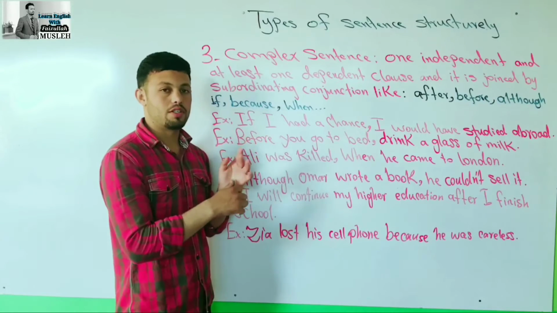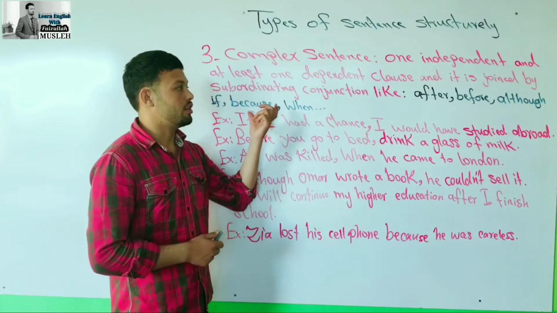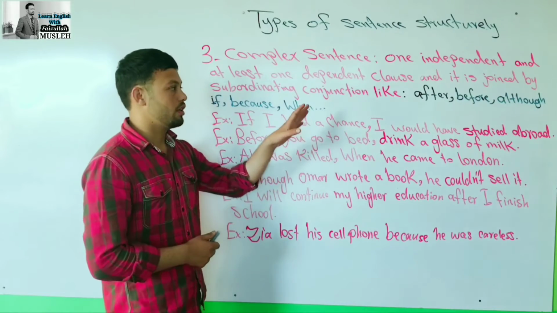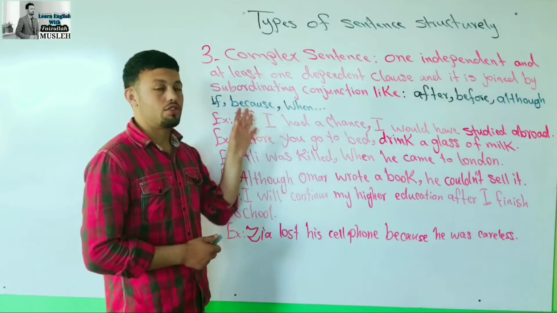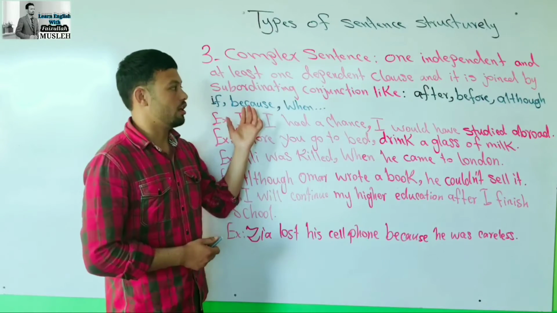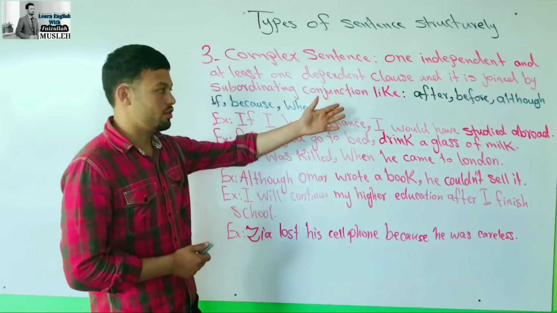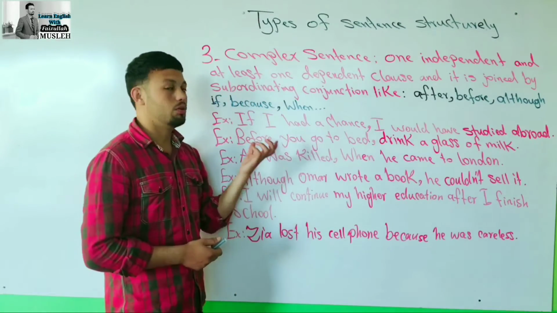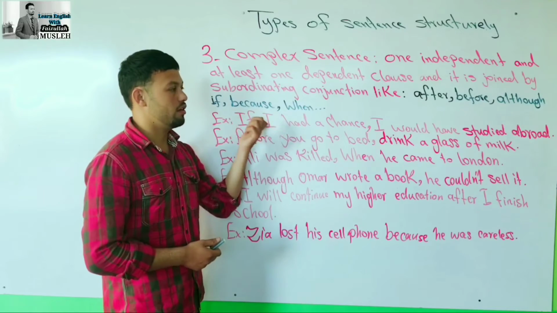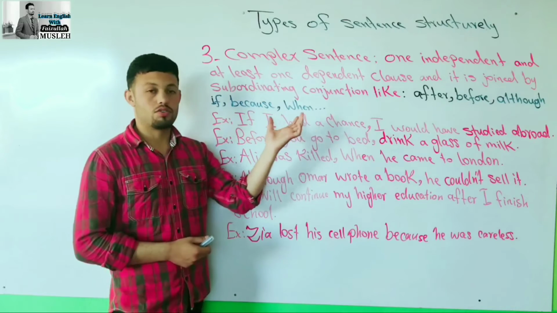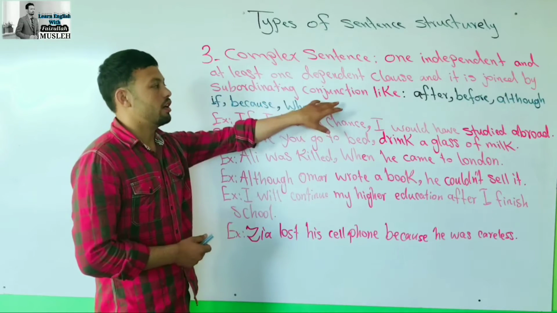In a complex sentence there should be a dependent clause, and it is joined by subordinating conjunctions. Some of them are after, before, although, since, because, if, when.